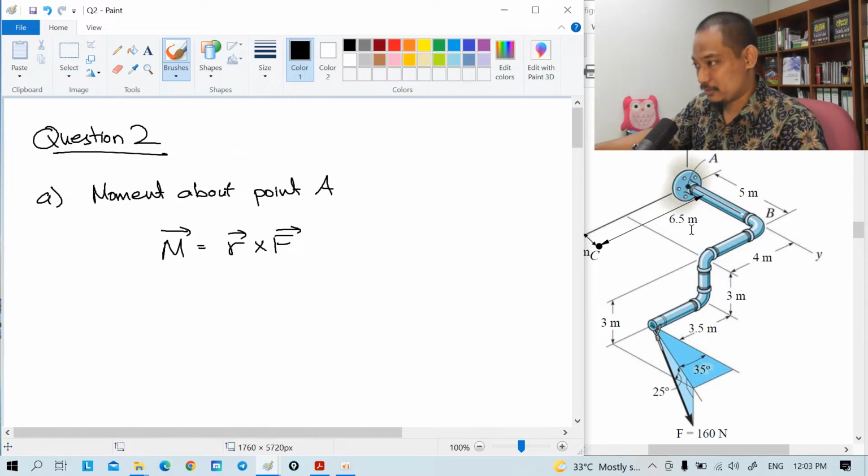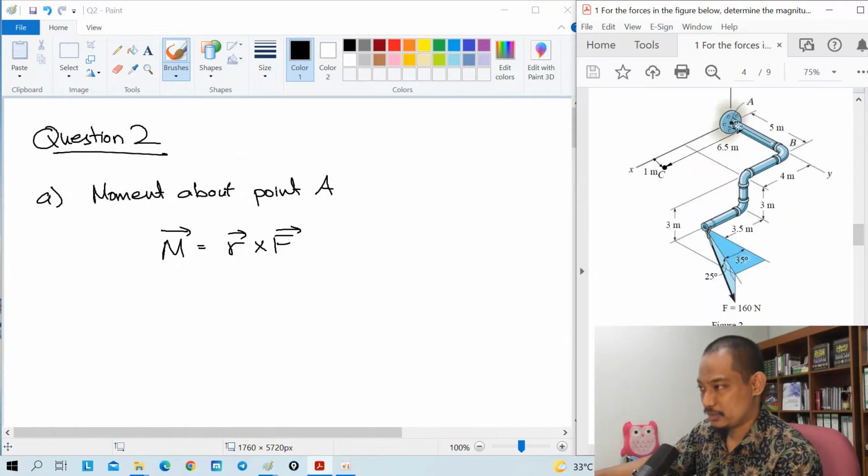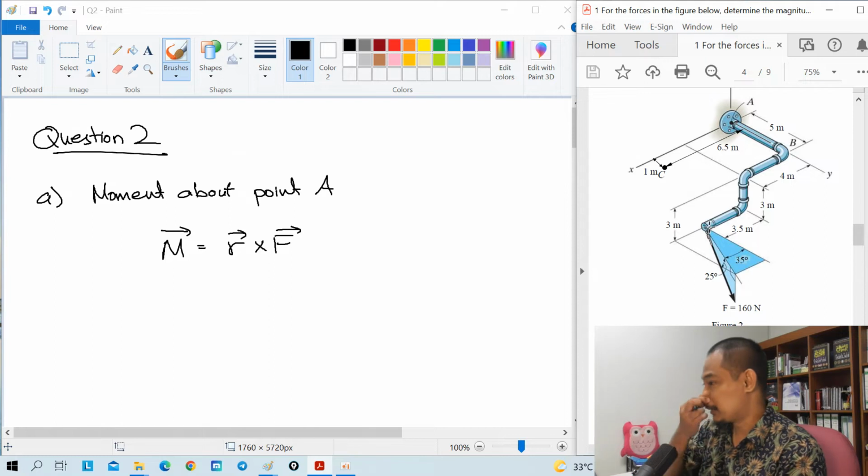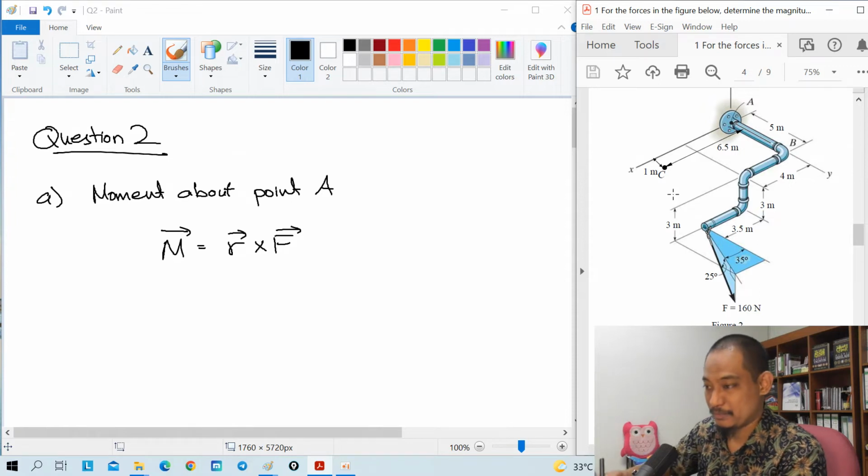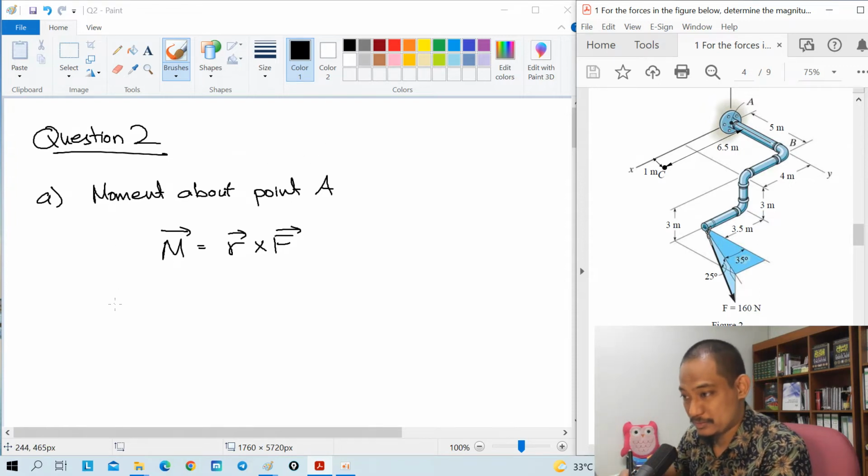So for R, it will be from point A to this point here. Can you see this if I put my face here? It is from point A to this point of the force. Because it is A, B, C, if this is point D, it's AD basically. So here is R.